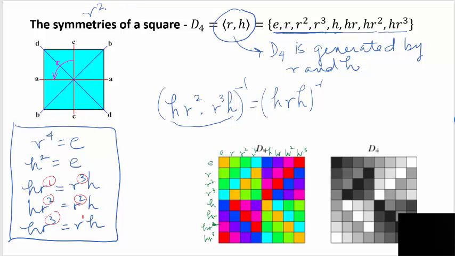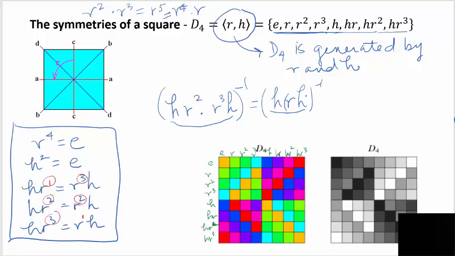R squared times R cubed is equal to R to the fifth, which is R to the fourth times R. But R to the fourth is the identity. Actually, with the powers of R, you're just letting the exponent be the remainder upon division by 4, or mod 4.